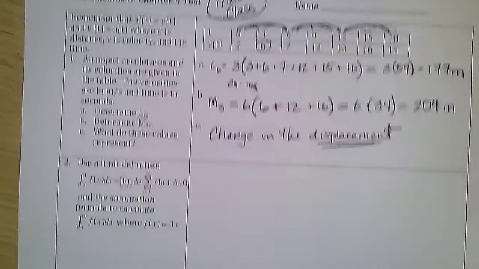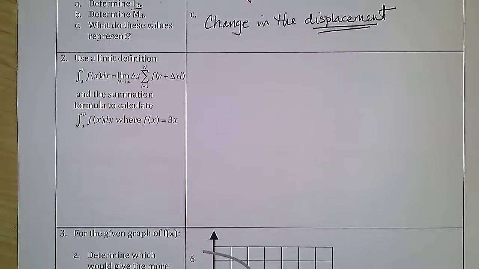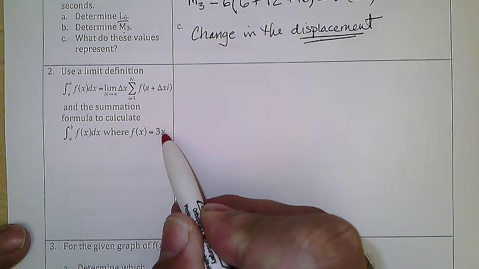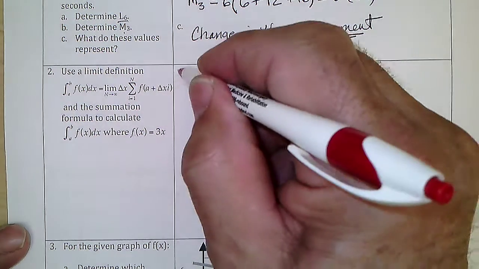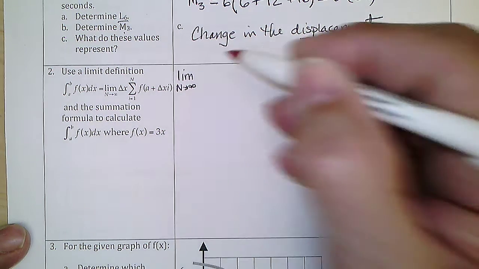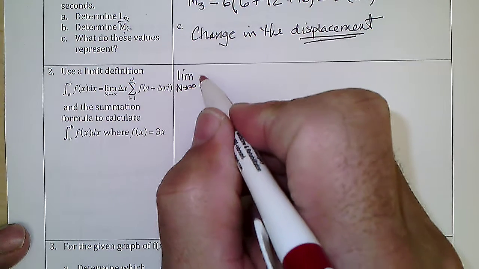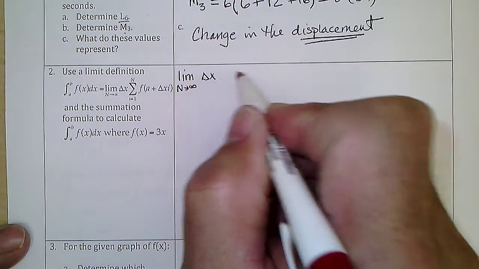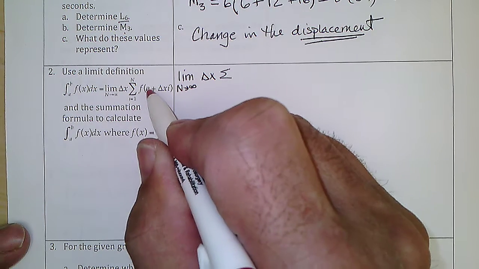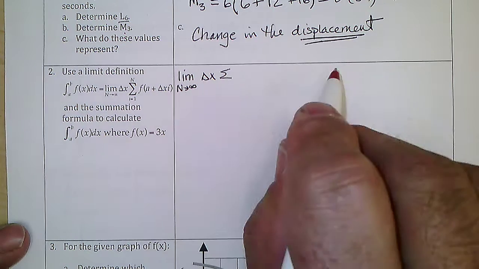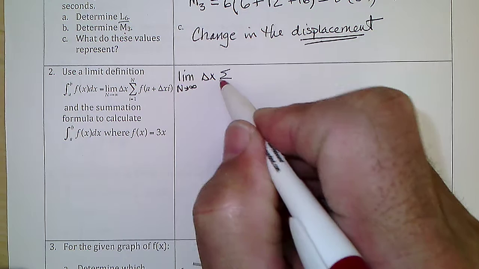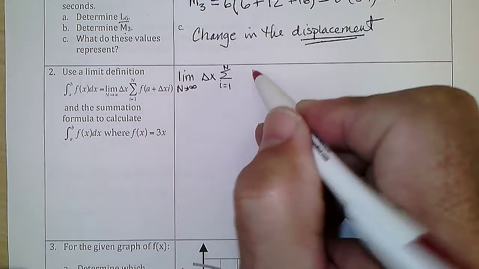Okay. Now let's do this next one, which some people struggled with. F of x is 3x. And we're supposed to find the limit as n approaches infinity of the width of the interval times the height added up on, these are the right sides, a plus 1 change puts us on the right side of the first change, from i equaling 1 to n.